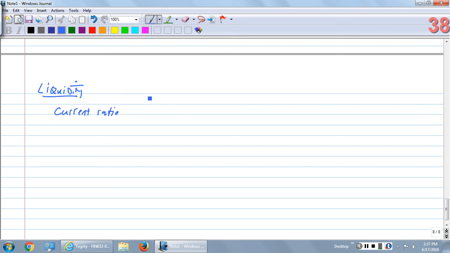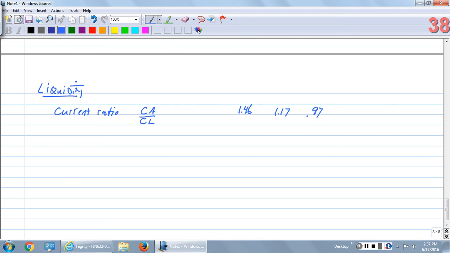Current ratio is current assets over current liabilities. Current assets are the assets that are cash or we expect to convert to cash within a year's time. Current liabilities are the liabilities that we owe within a year's time. The example in the textbook looks like for this firm, they've gone from 1.46 to 1.17 to 0.97.